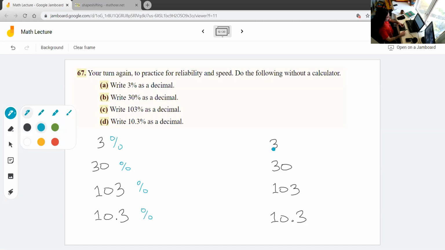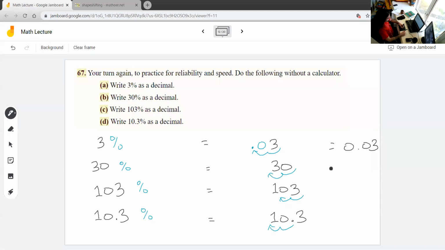So hopefully what you did was 2 decimal scoots for all of them, to write them more pretty. Everyone get the same answers?